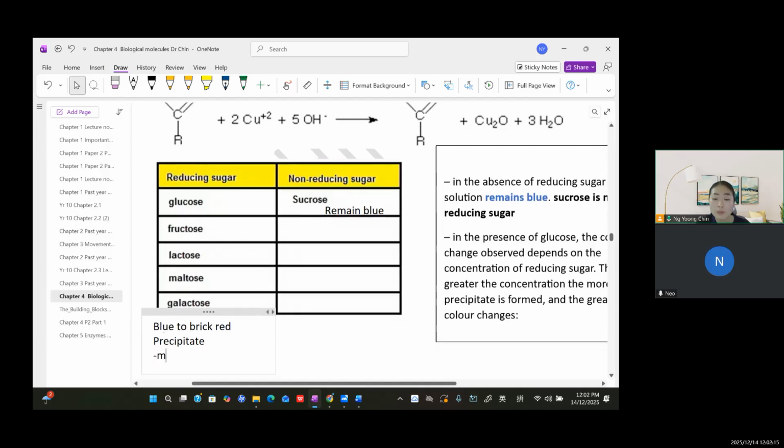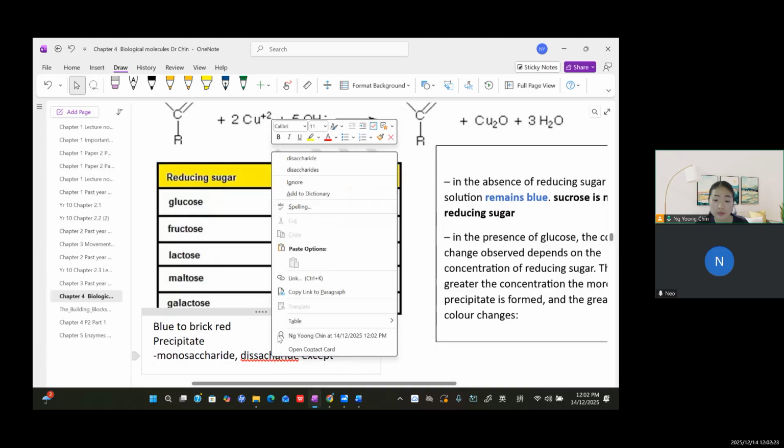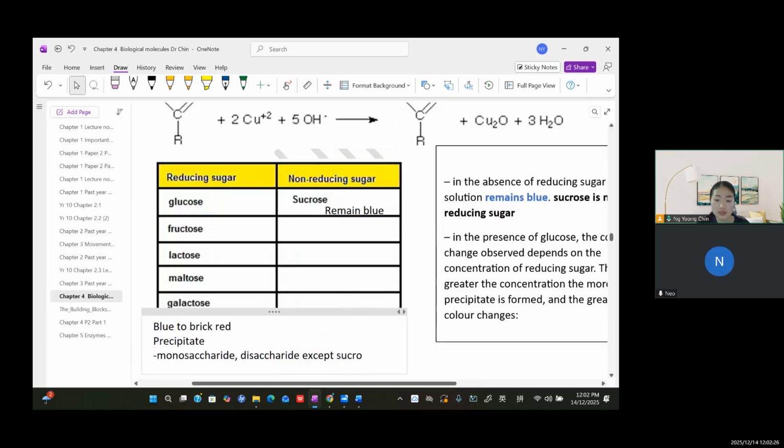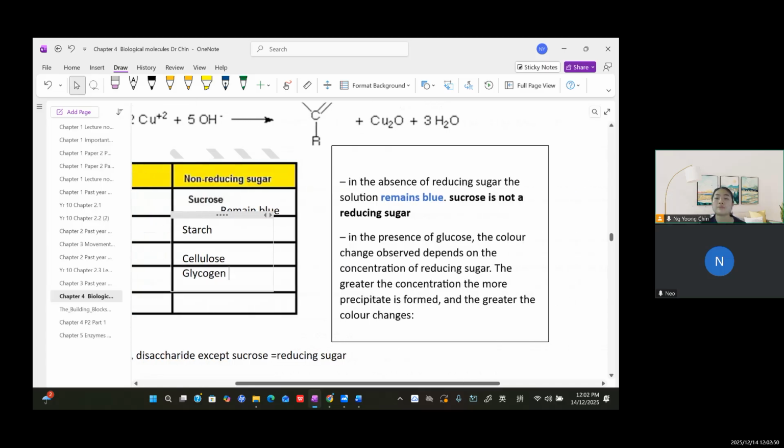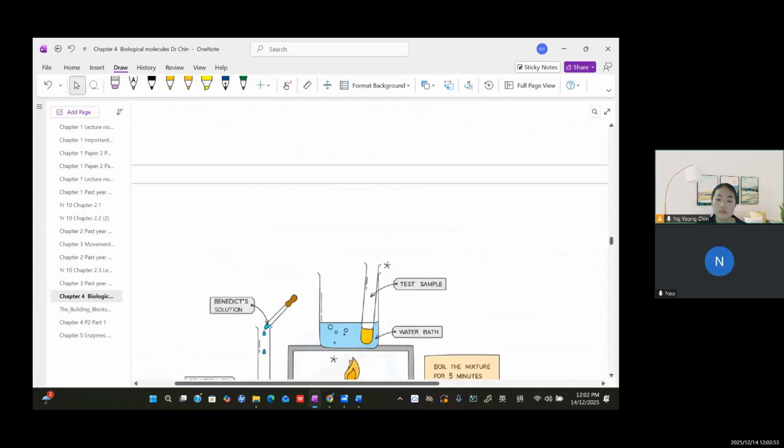So just remember that all monosaccharides and disaccharides, except sucrose, belong to the reducing sugars. Polysaccharides like starch, glycogen, and cellulose are definitely not reducing sugars. They also belong to the non-reducing sugars.